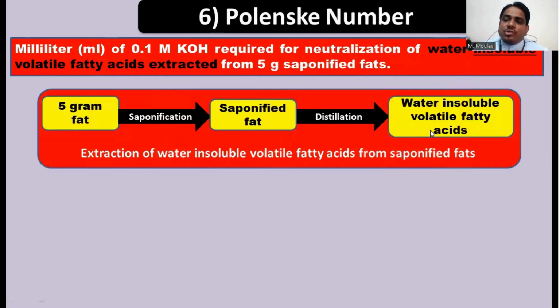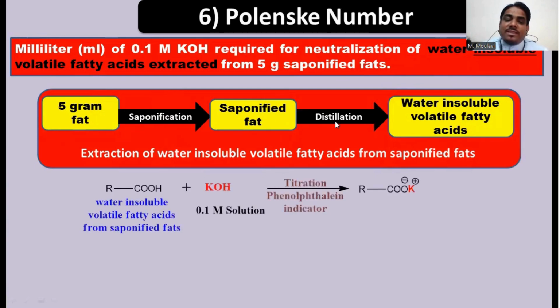The water-insoluble volatile fatty acids are extracted from the 5 gram of saponified fat using distillation, and those water-insoluble volatile fatty acids are titrated with potassium hydroxide solution. So the milliliters of 0.1 molar potassium hydroxide solution required for the neutralization of water-insoluble volatile fatty acids from 5 gram of saponified fat is known as the Polenske number.